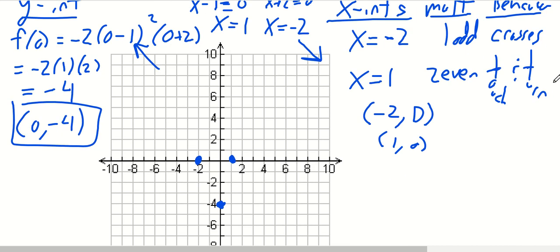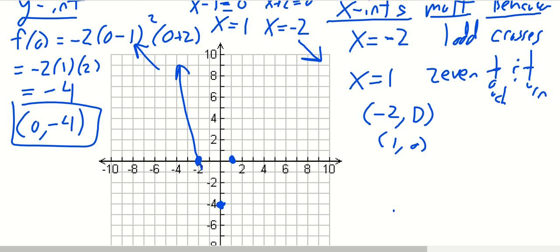From here, let's go ahead and fill in our graph. We know that to the left of -2, it's going to have to approach positive infinity, something like this. Now notice that -2 is an x-intercept that has an odd multiplicity. So it's going to pass through and cross the x-axis as we need it to, because we have to come down here and hit this y-intercept. Somewhere after that y-intercept, it's going to need to turn around because we need to come up and intercept the x-axis at x equals +1.